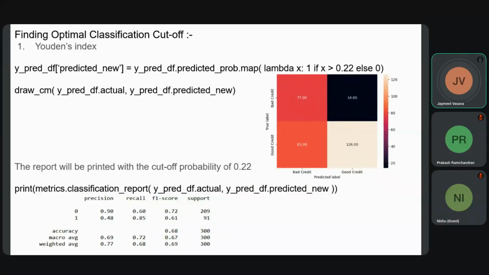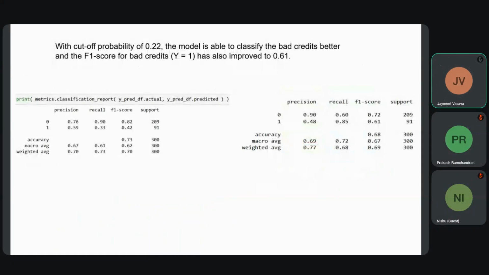So the classification report that we have already seen before for the precision, recall, and F1 score, if we print the same classification report, you can see the F1 score has improved: 0.72 for class 0 and 0.61 for class 1, which is a bad credit. As I said, the model has improved on the F1 score and is predicting the bad credits better.